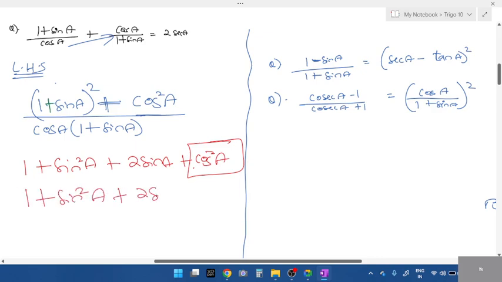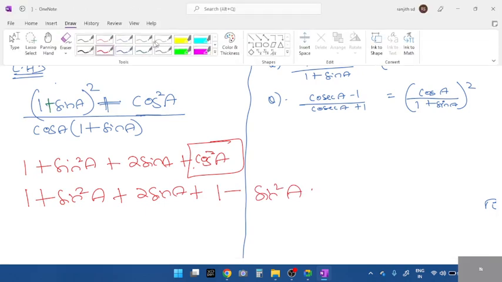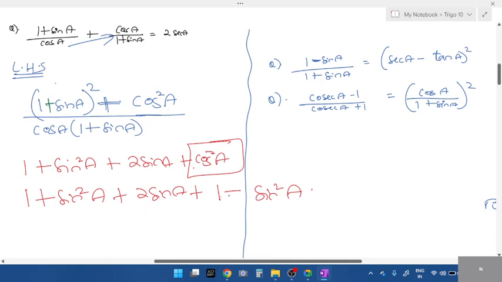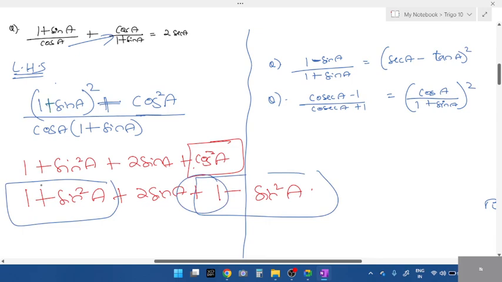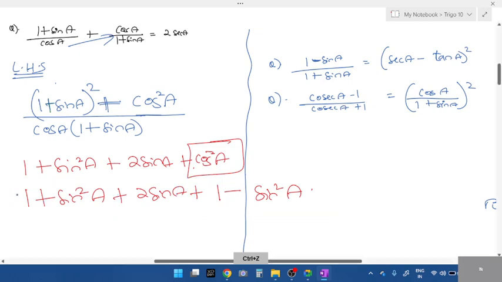You get till here, right? After this, cos square you converted into 1 minus sin square, right? This one gets cancelled, Malavika. How can you cancel 1 plus and 1 plus? What is 1? Is 1 positive or negative? Correct. Only sin square gets cancelled, right?